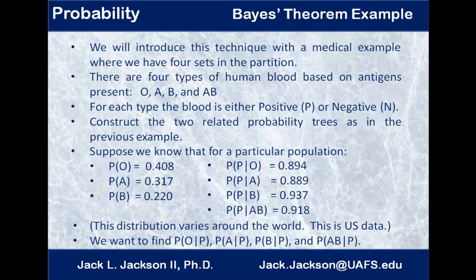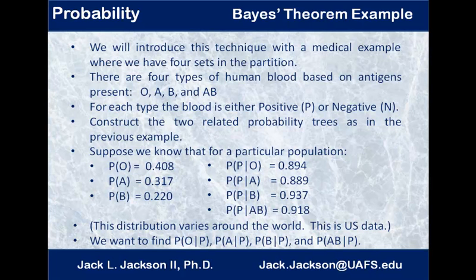You can't be both A and B. AB is different than either A or B, so it's not considered an overlap. So there are 4 different types, and if you put them all together, that's all the blood types there are. So it unions together to get the whole sample space, but they're also pairwise disjoint, or mutually exclusive.